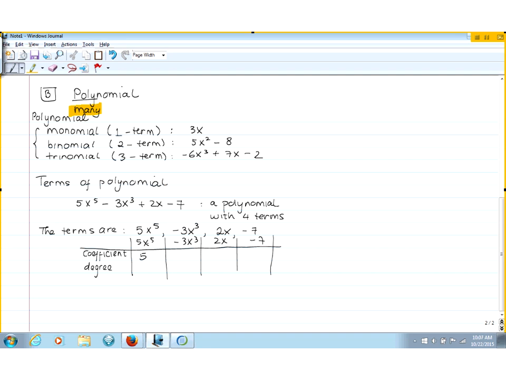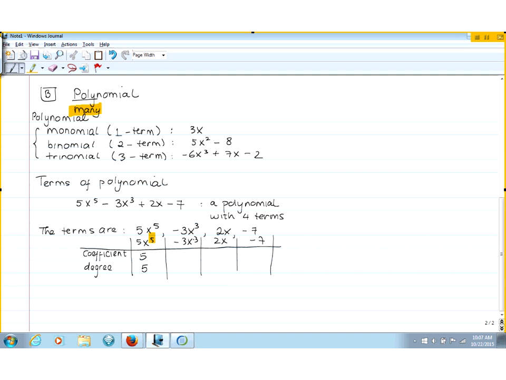What is the coefficient? 5. What is the degree? Just 5. Yes. So the degree is this exponent right here. This is the degree of the term.